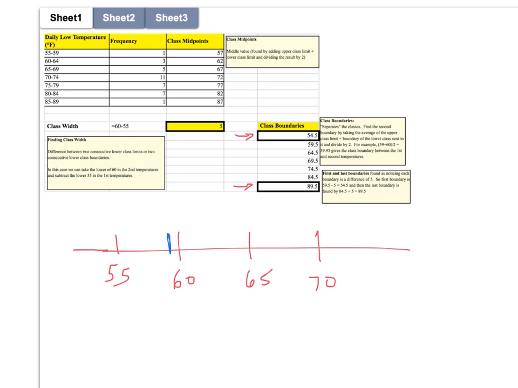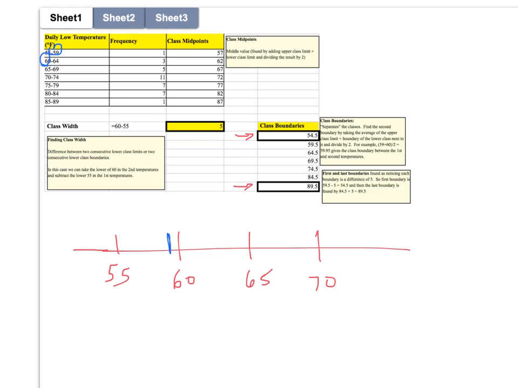And so our boundary, we're actually saying, how close can we get here, because in this case, temperatures are not discrete data. What we do is we find the boundary by taking the average of the upper class limit plus the lower class limit next to it and divide by 2. So this says take this 59 and add the 60.